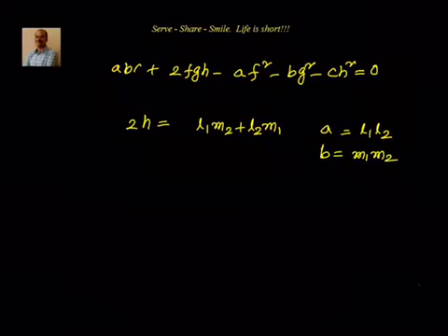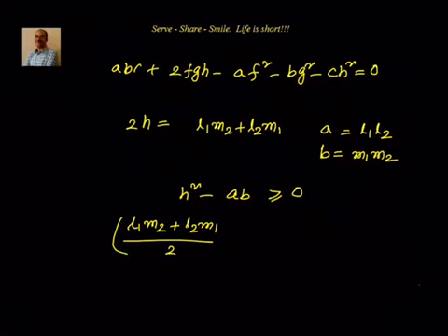Now what's the meaning of H square is greater than or equal to AB? Nothing but I have to prove H square minus AB is greater than or equal to 0. But what is H according to this condition? We have L1 M2 plus L2 M1 divided by 2 whole square minus L1 L2 into M1 M2.